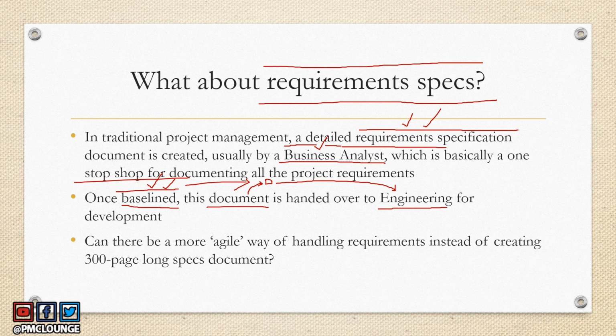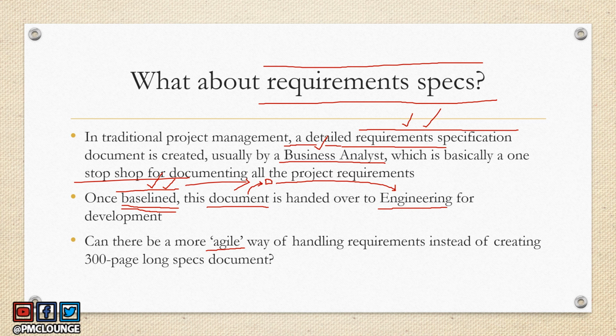So the question is, can there be a more agile way of handling requirements? See, one of the problems with this approach is also the fact that the document needs to be complete and it needs to be baselined before any kind of design or development work can begin, right? So that is definitely not something agile, right?